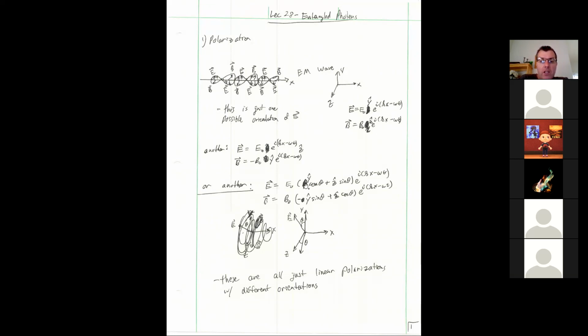And each of these is just a combination of the two above. This field oriented along something intermediate between y and z is just a sum of this and this with some weighting coefficients. And that idea that an intermediate polarization is a sum of two other polarizations is worth hanging on to because it's going to come up again today.